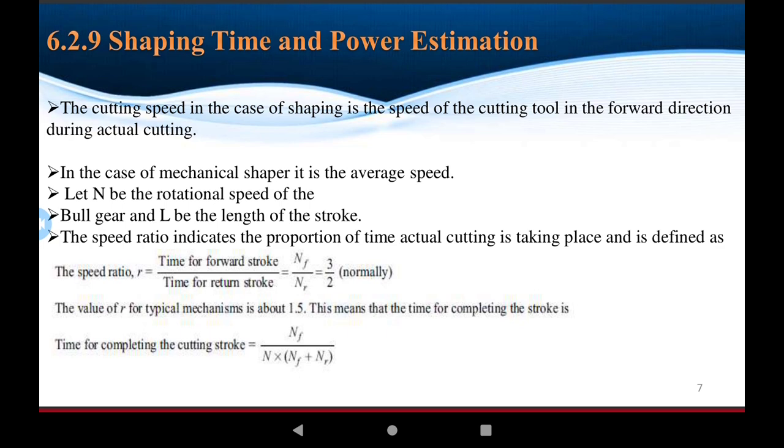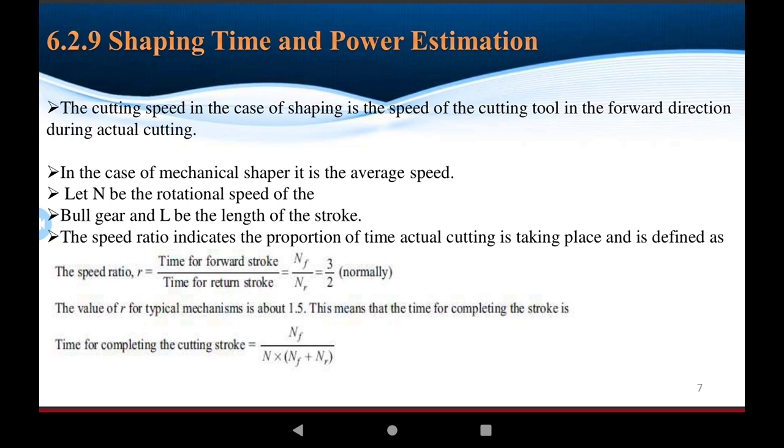The forward stroke is the duration of the cutting of the material, and at the end of the forward stroke, the machine performs the reverse position of the tool, and the speed is increased. Okay, the speed is increased, and in the forward direction it cuts the metal, and in the reverse direction the tool motion does not cut the metal.